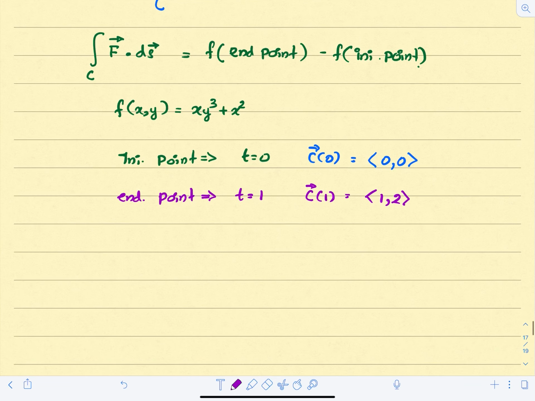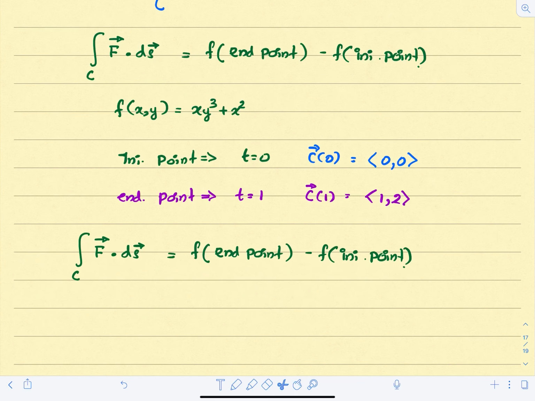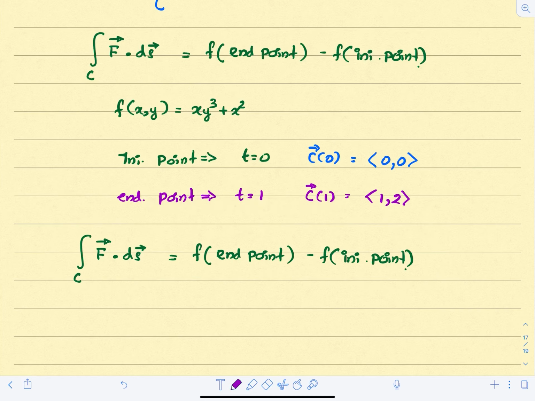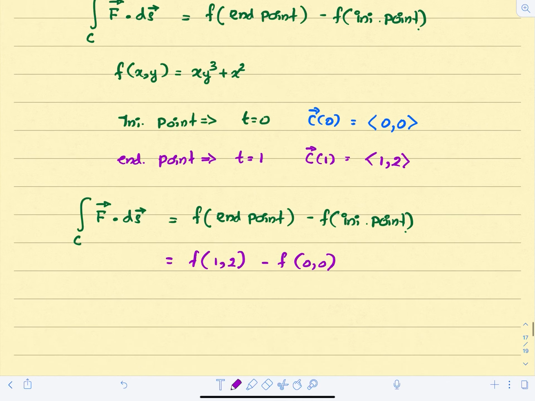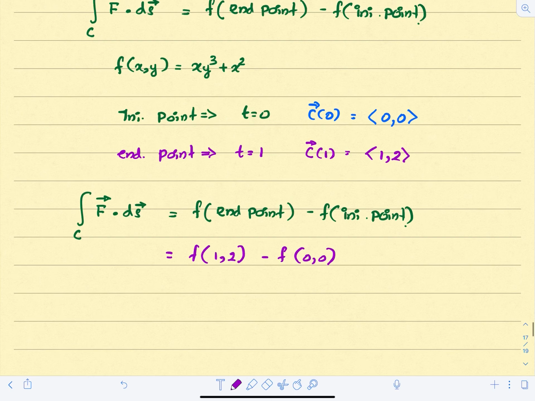Great. So now the value of this line integral equals the function value at 1 comma 2, that's the terminal point, minus the initial point 0 comma 0. But what is your f? Your f is this.